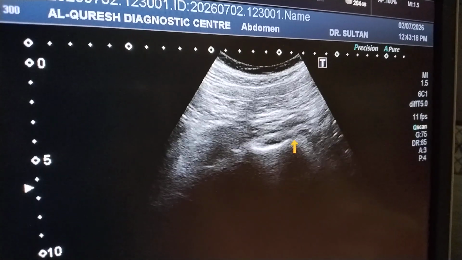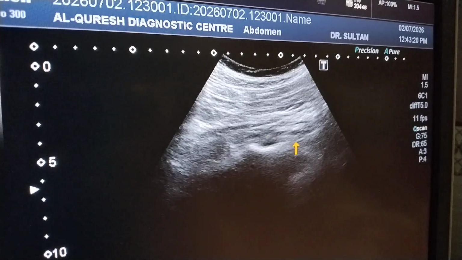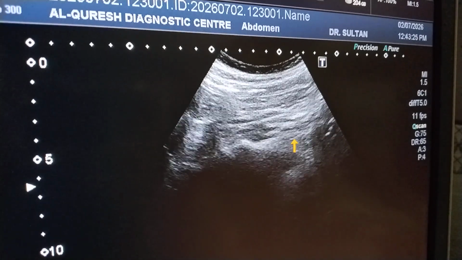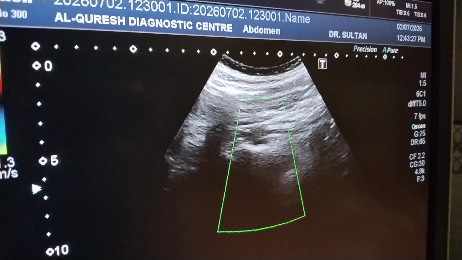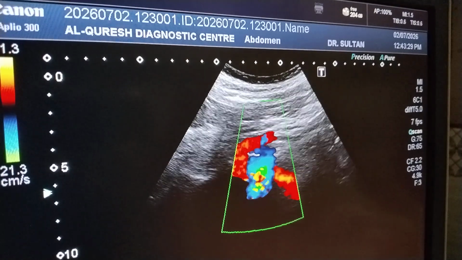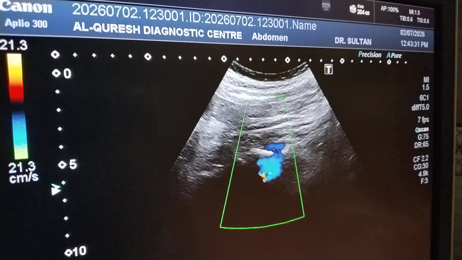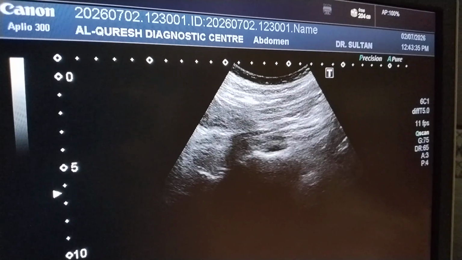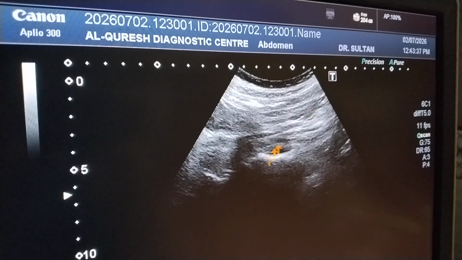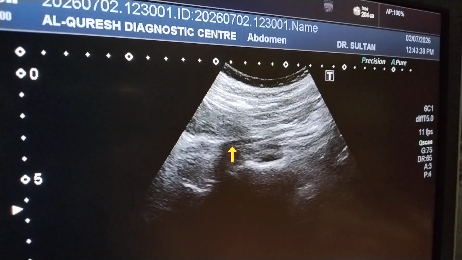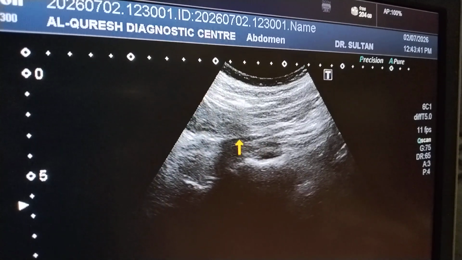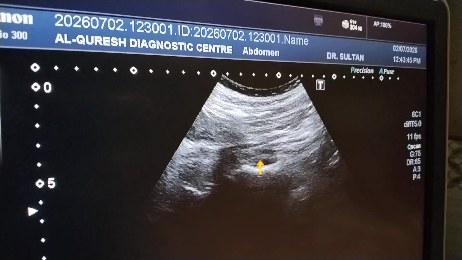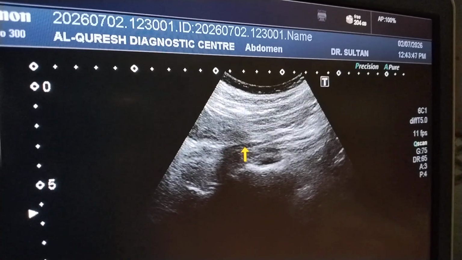When we do such a maneuver, we can appreciate the linear black structures. This one is a linear black structure, this is linear, this is linear. So these are tubular structures.